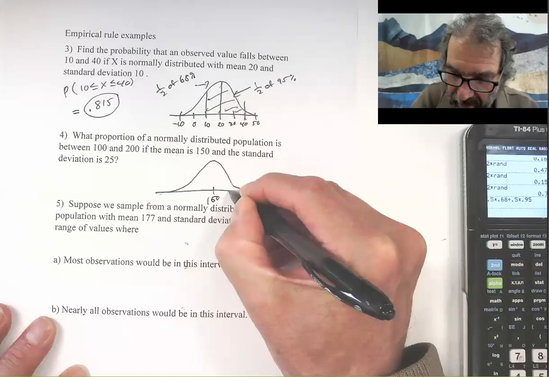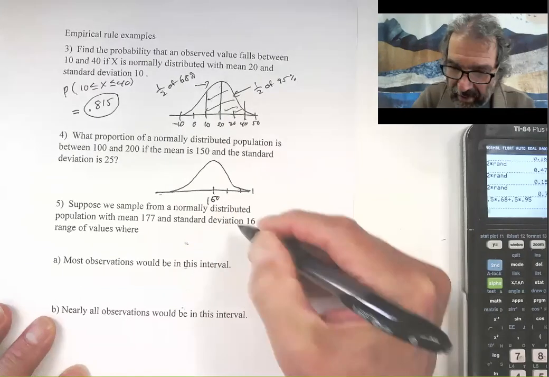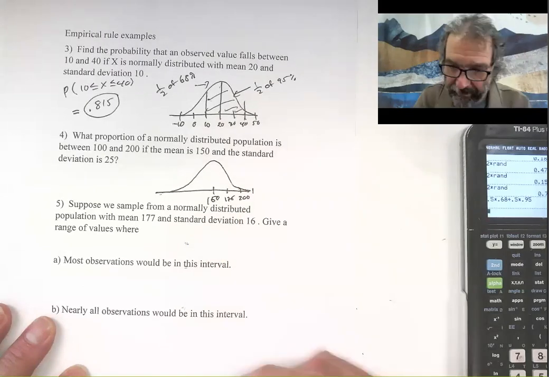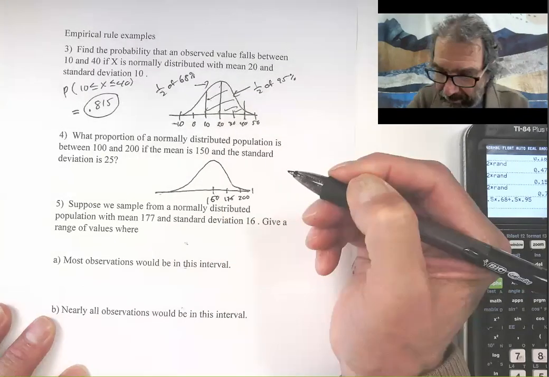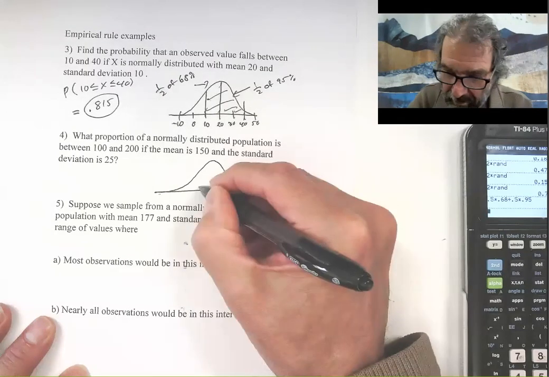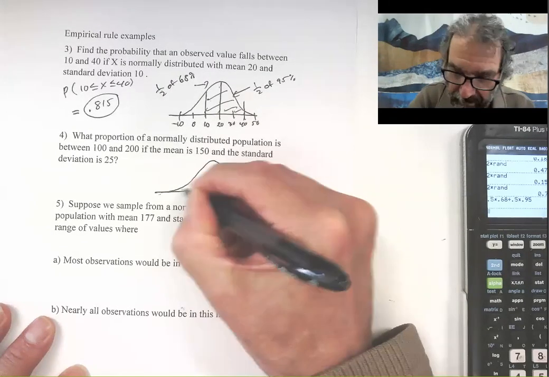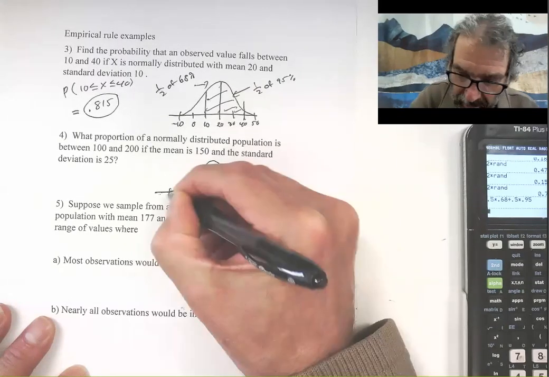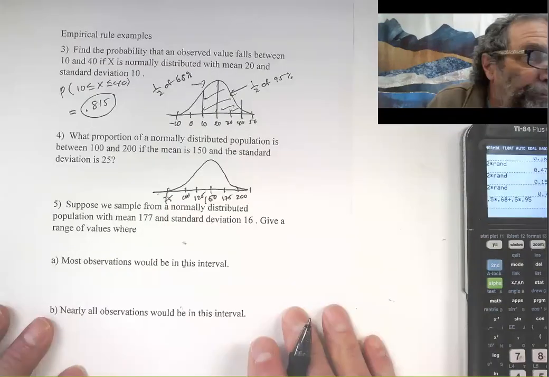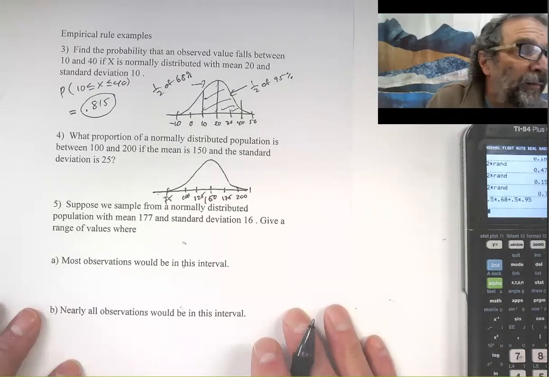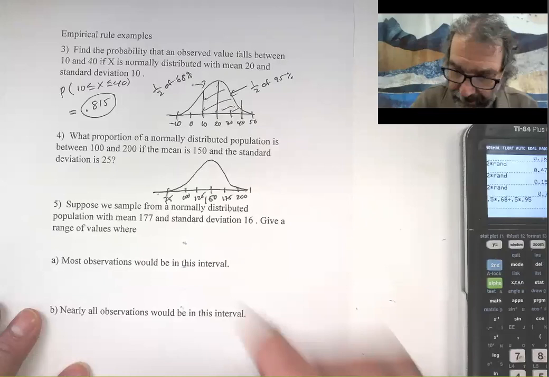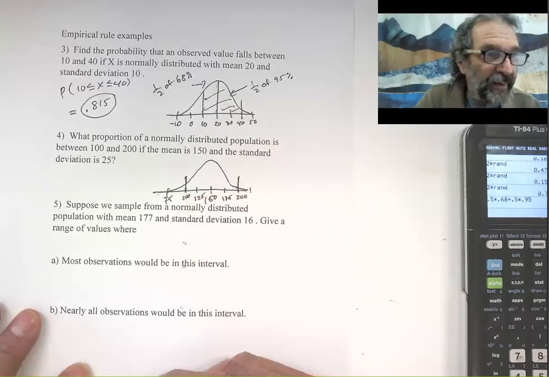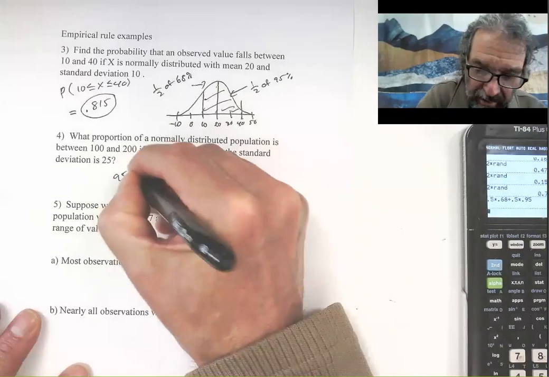And now these standard deviations are 25, 175, 200. And I go back. 125 is here. 175 is there, like that. 100 to 200. Well, that's just the two standard deviation distance. So 95%. Okay, did that.